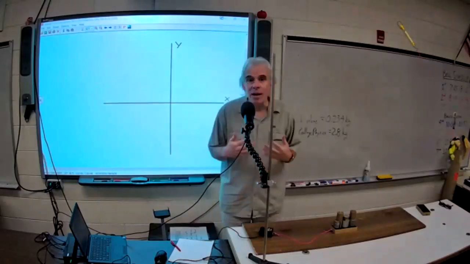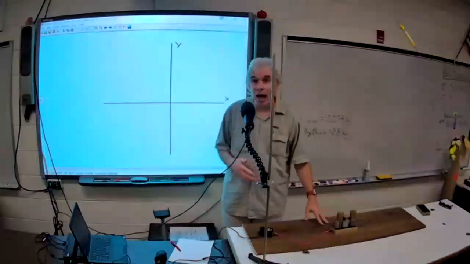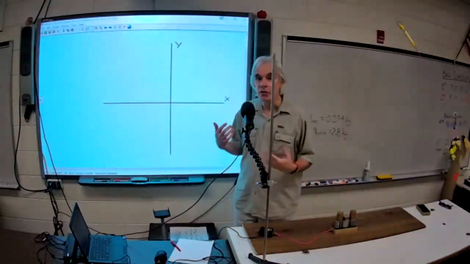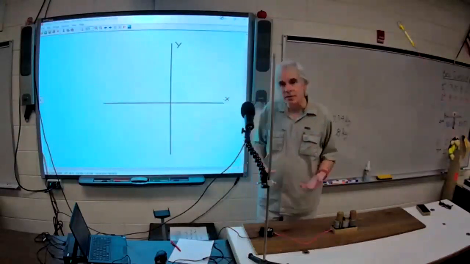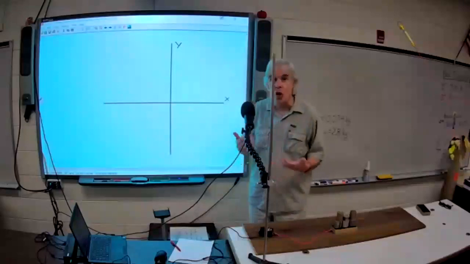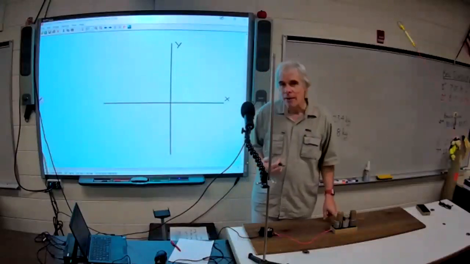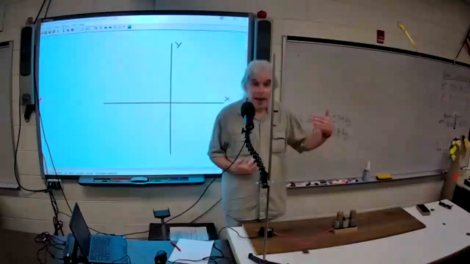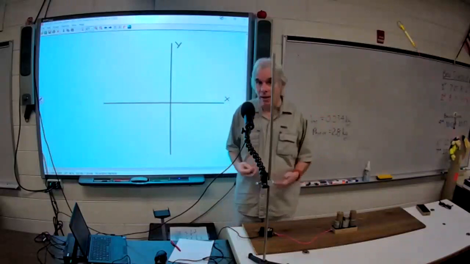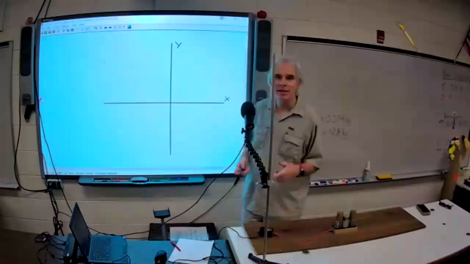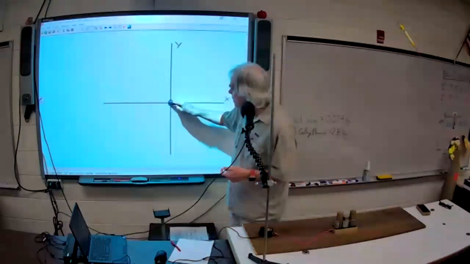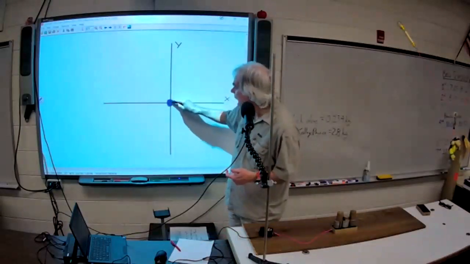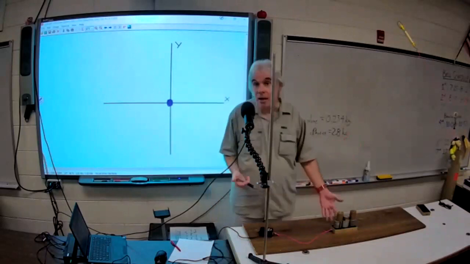Now, how can I represent what's going on with this block using a free body diagram? Well, I've got my XY axis here as a help, and I'm going to start drawing stuff. What do I know about this block? I know that gravity is pulling it down. I can actually put a number on that in a second. Let's just draw an arrow first. Here is a big dot that represents the block.